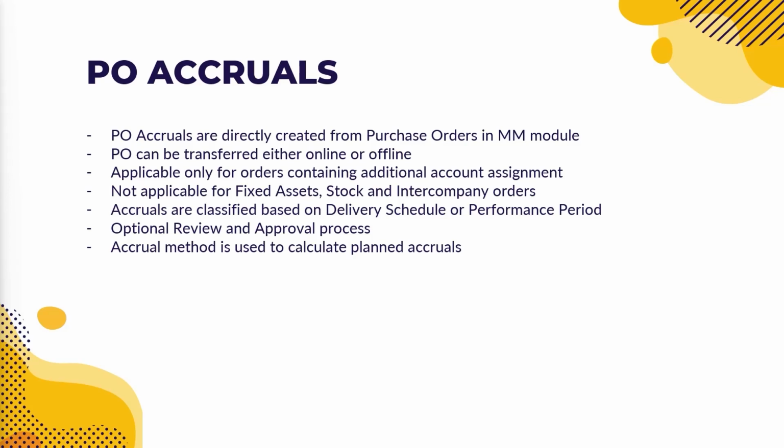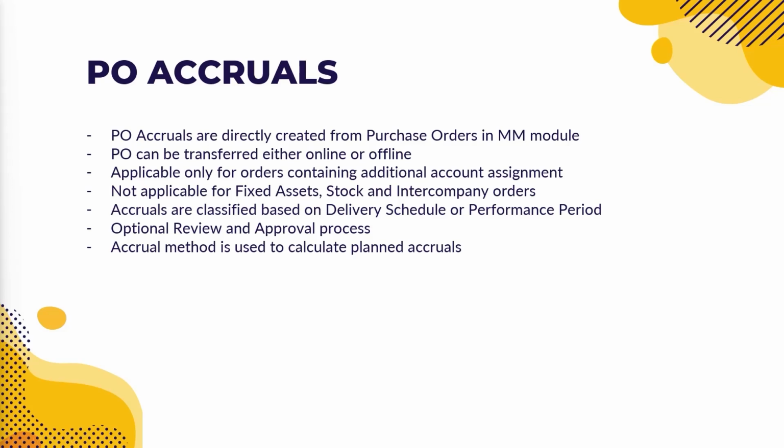When we say conditions, in the configuration you need to mention what type of purchase orders are to be automatically transferred to the accrual engine. Usually by default in accrual engine, only those purchase orders that have some account assignment are transferred. The accrual engine does not usually consider the purchase orders for fixed assets, stock and intercompany stock transfers, because in these cases we do not usually post any accruals.